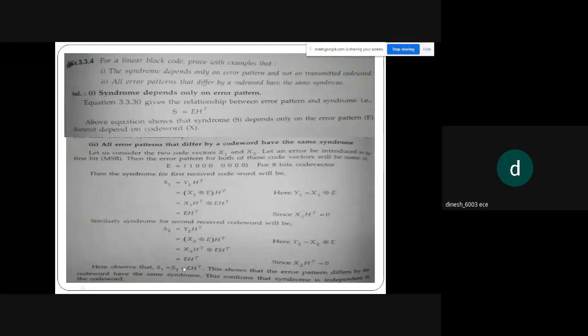So you can see that S1 and S2 both depend on E H transpose. So we can observe S1 is equal to S2 is equal to E H transpose. Thus showing that all error patterns that differ by a code word have the same syndrome. The syndrome is the same for different code vectors.